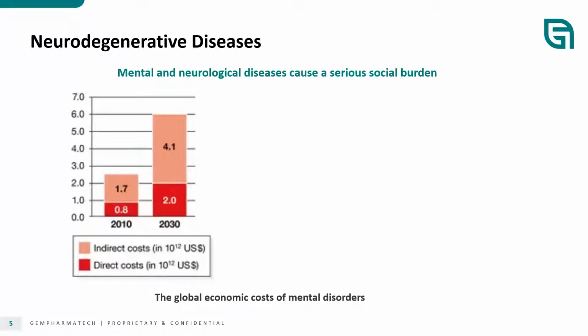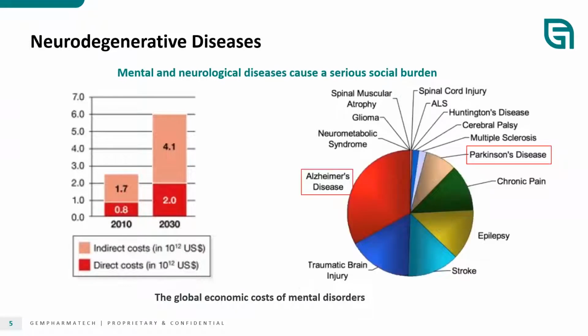The graph on the left shows the increase in costs on patients and their families due to neurodegenerative diseases, nearly tripling from 2010 to 2030. On the right, you can see that the single largest cause of neurological disease is Alzheimer's, of all of the various neurodegenerative diseases, followed by traumatic brain injury, stroke, epilepsy, chronic pain, and Parkinson's.